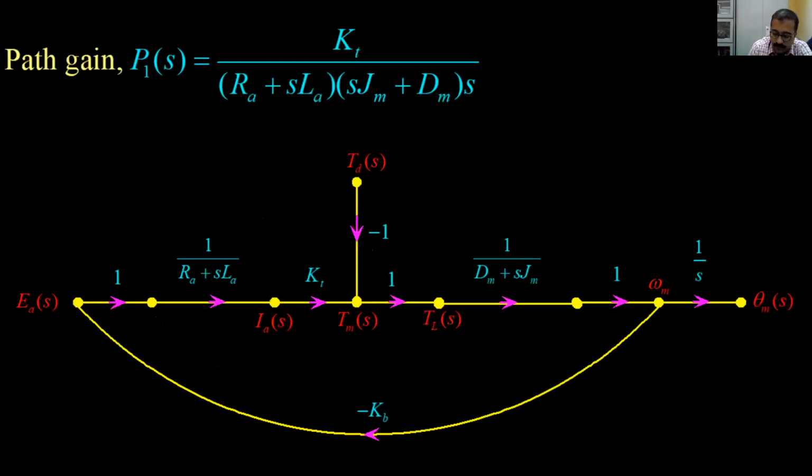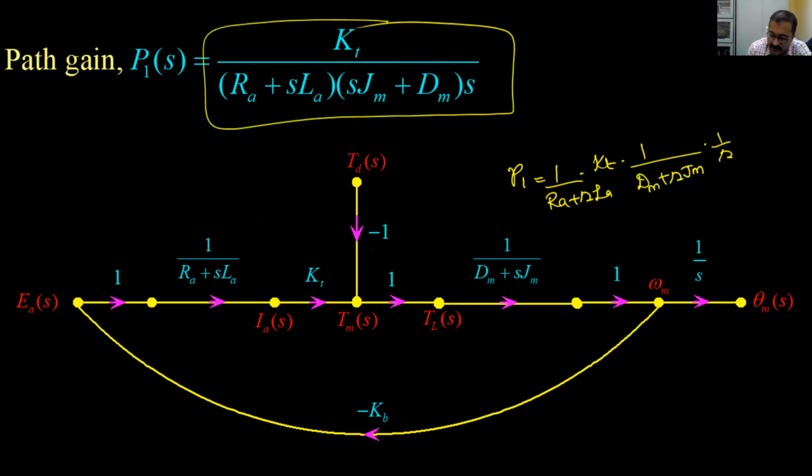That is what is shown here. You see there is one forward path. What is the forward path gain? 1 by RA plus SLA into KT into 1 by DM plus SJM into 1 by S. That is what is written here: KT divided by RA plus SLA into SJM plus DM into S. Now there is one loop.